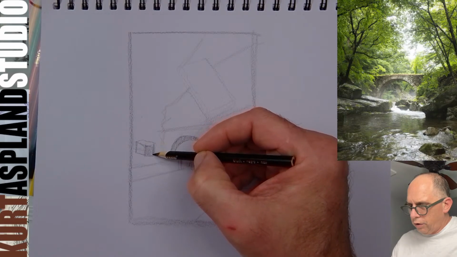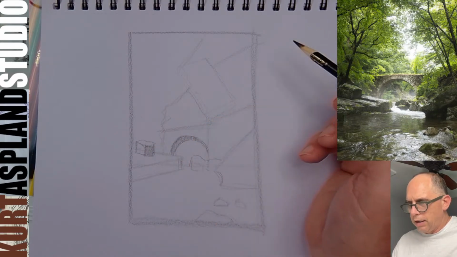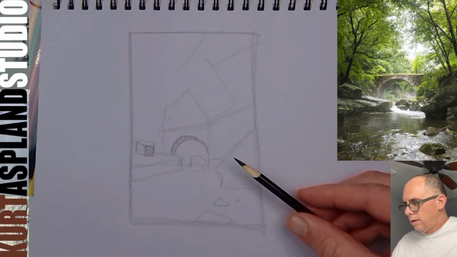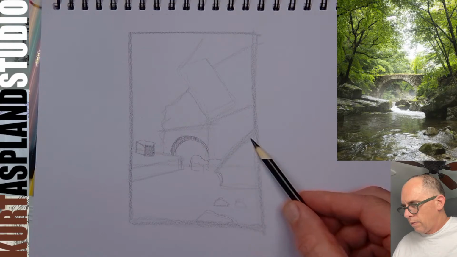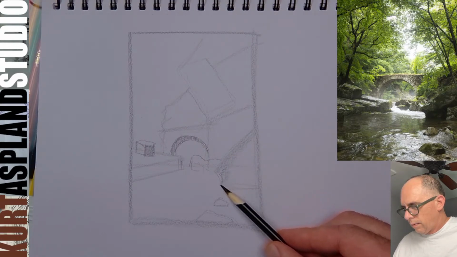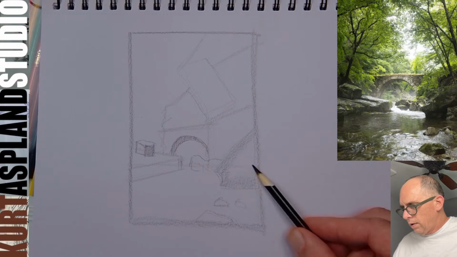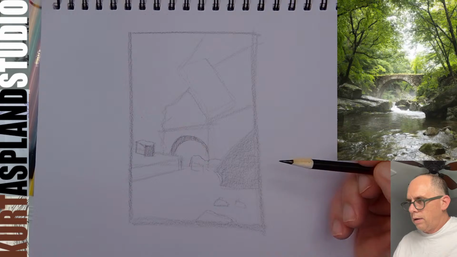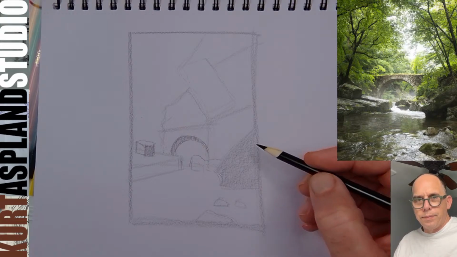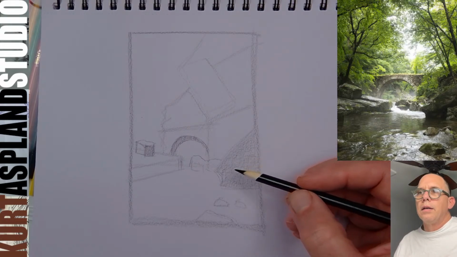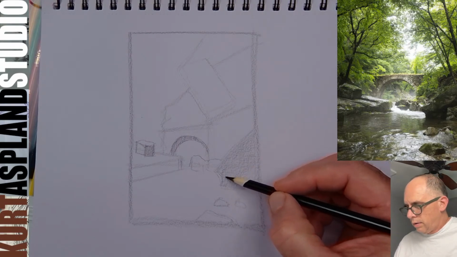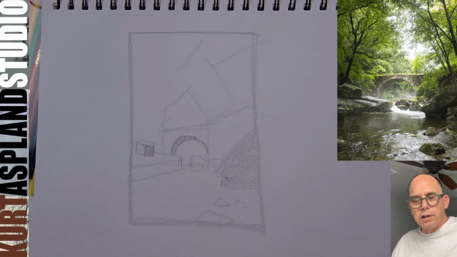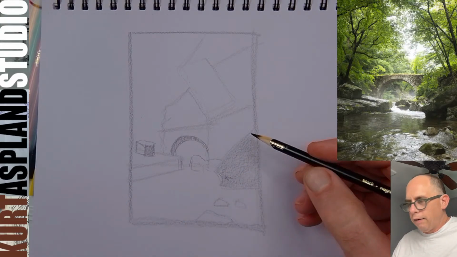I'm going to add just a little tone right now. We'll come back and darken that up on this side of the rock. I'm also going to add tone to this big rock over here. By building this up slowly, it starts to reveal itself.